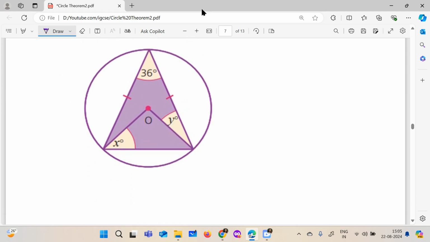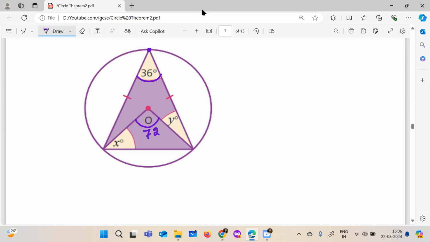Now, you have a circle and the angle on the circumference is 36. So what will be the angle here as soon as you see this 36? What is the measure of angle O? If the angle at the circumference is 36, then the angle at O is 72.